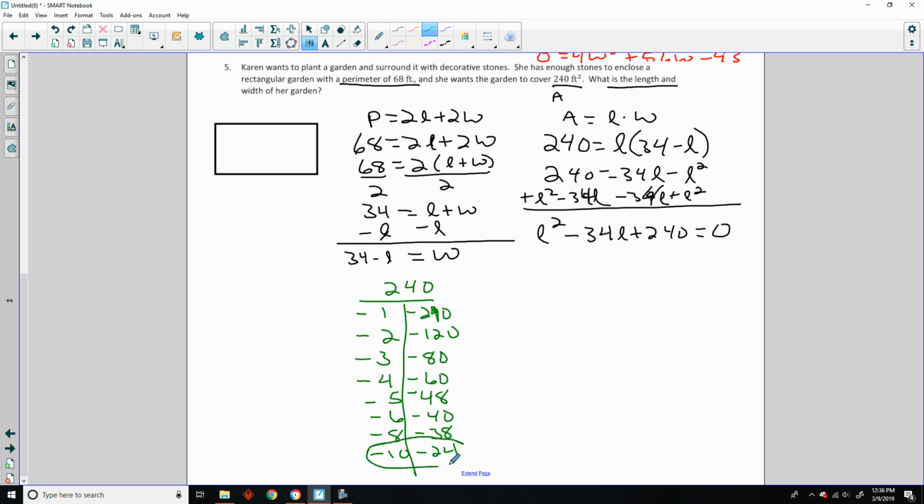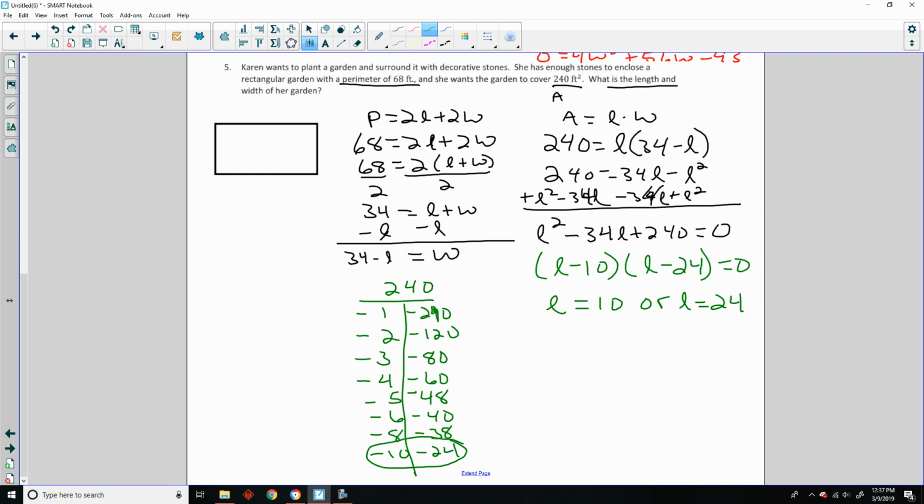So there it is. It's going to be L minus 10 times L minus 24 equals 0. Therefore, L equals 10 or L equals 24 when we do the zero product property. And you have to notice that both of these solutions are positive and could represent the length, because length and width are arbitrary directions here.